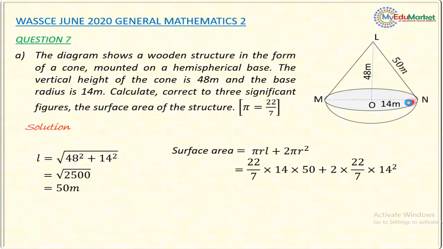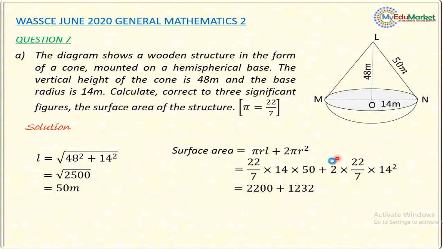Radius of the hemisphere is the same as radius of the cone, so I have times 14². So if I continue, I will now simplify. The curved surface area of the cone alone will give 2200, that is 22/7 times 14 times 50. You can see that 7 into 14 will be 2, so you have 22 times 2 times 50, that will be 2200.